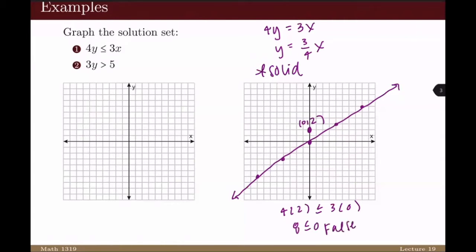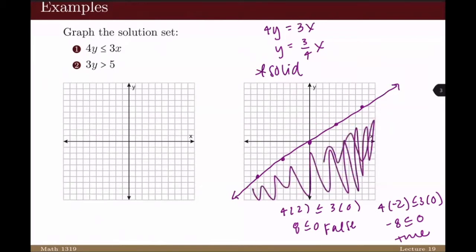So I'm going to pick a different point now. So let's pick one below the line. Let's try 0, negative 2. So that means I'll have 4 times negative 2 is less than or equal to 3 times 0, which means I have negative 8 is less than or equal to 0, which is true. So I want to shade everything below this line. So my solution set is down here.